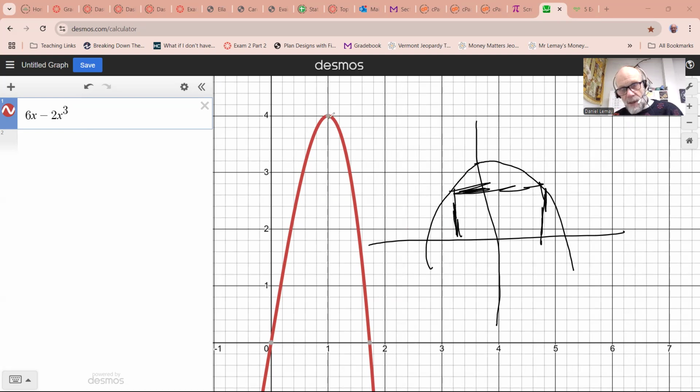We're seeing from this graph that when x is 1, the area is 4, and that looks like the biggest area. So that's 1, that's 1, and this is going to be 3 minus 1 squared, remember, it's 3 minus x squared. So the dimensions will be 2 by 2. It was the square that maximized it.